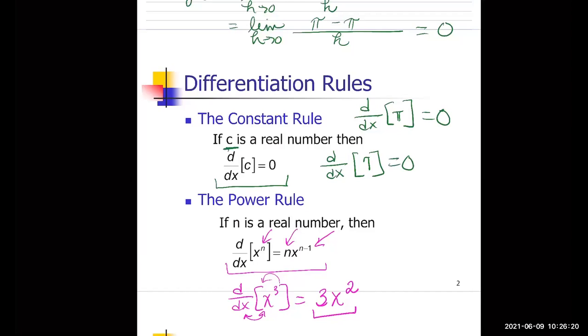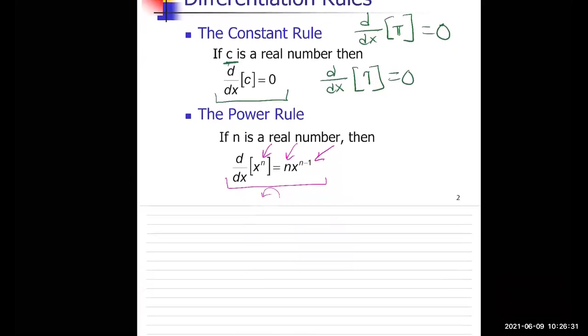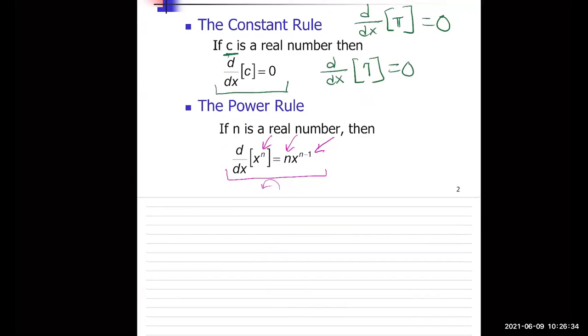Okay, so I'm going to practice a couple more using the power rule before we go on, just to make sure that you see that you can use the power rule on anything that can be rewritten as x to some power. Okay. So for instance, if I have f of x is equal to the cube root of x squared, and I want to take the derivative, well, notice that right now, it does not look like our power rule.